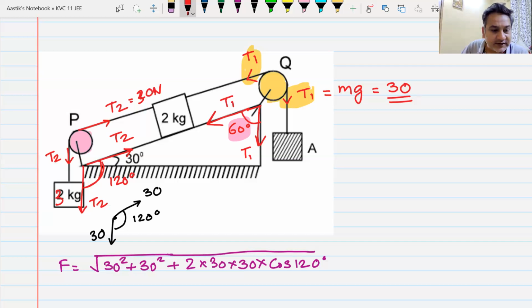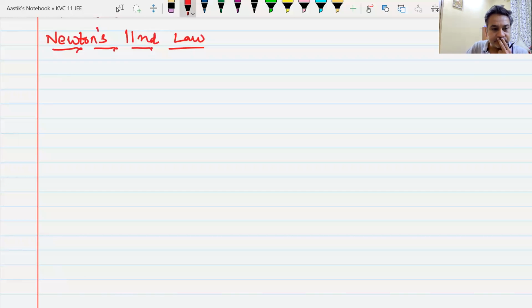And what does Newton's second law state? Anyone? What does Newton's second law state? Rate of change of momentum, which is directly proportional to net force. Okay, you can say it in this way.